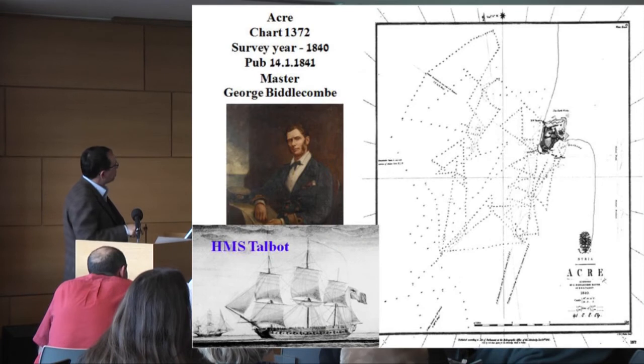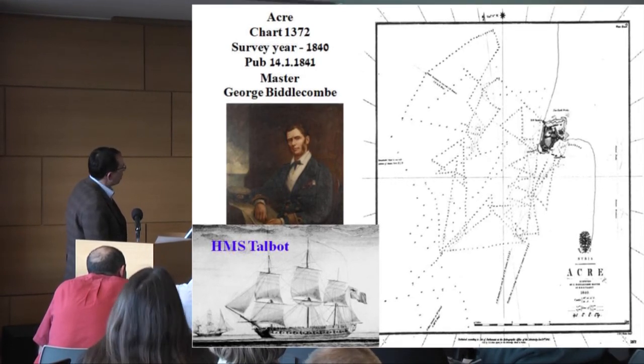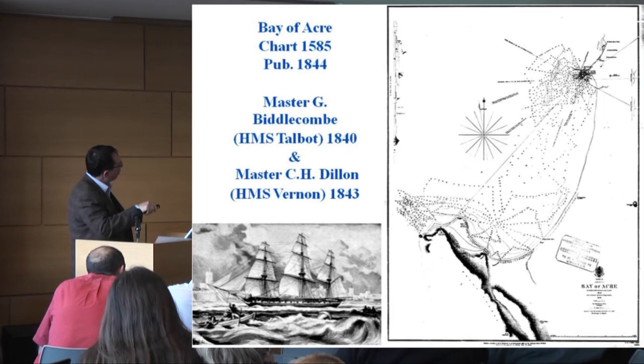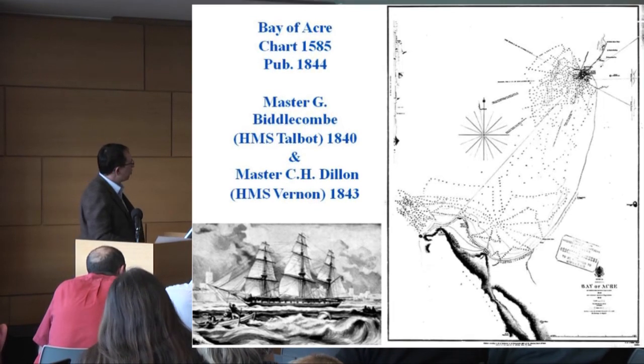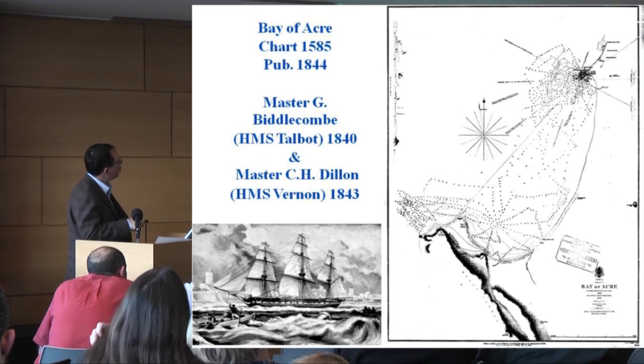The second one was the chart of George Biddlecombe, Master Biddlecombe, in 1841. And in 1844, this chart that I brought from the UKHO in Taunton is a compilation of two charts.